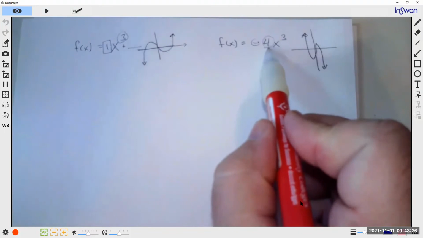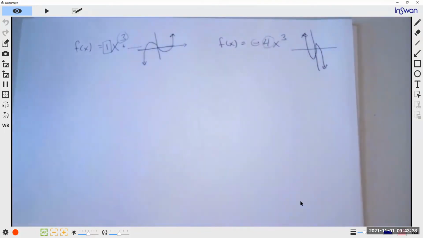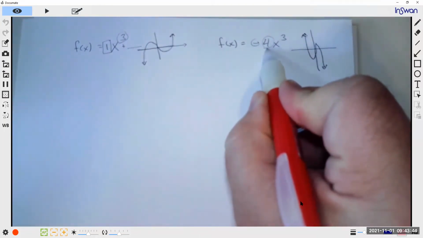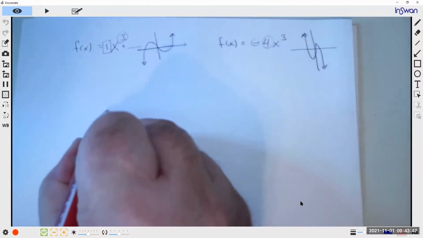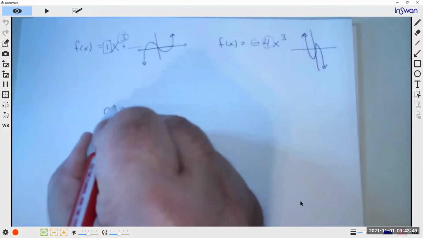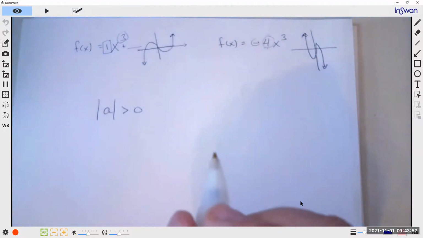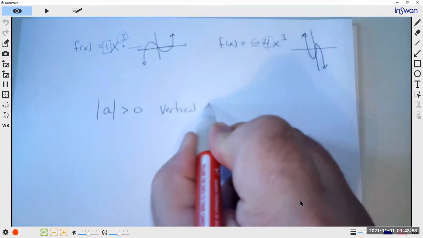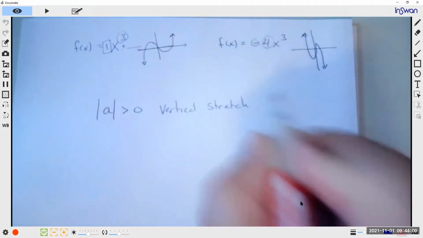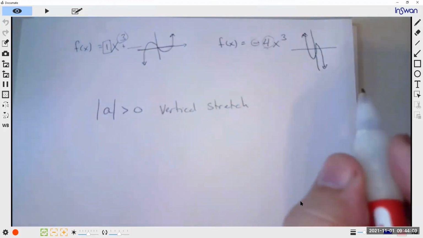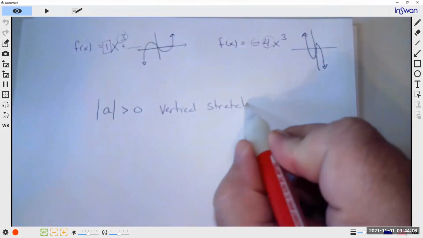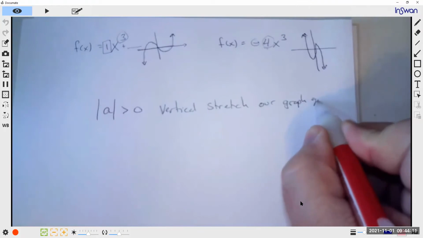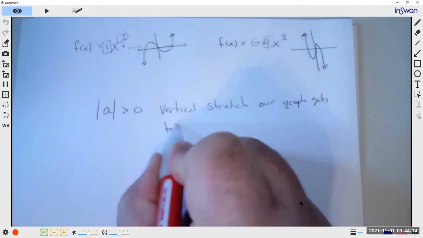So again, when we talked about transformations in chapter 2, the same thing applies here. If a is an integer, if the absolute value of a is greater than 1, then we have a vertical stretch. I mean, our graph gets taller.